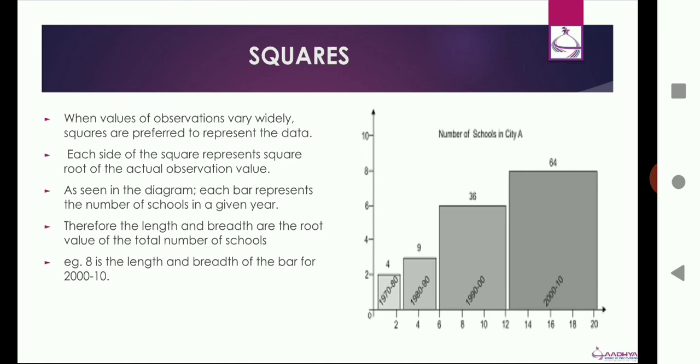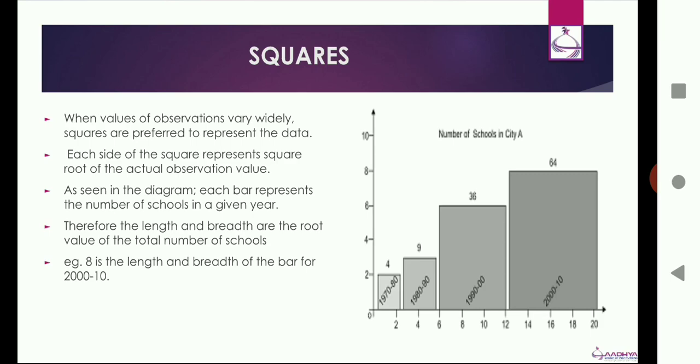So to avoid this problem, we reduce the scale of the number of schools in 2000-2010 by taking its square root, and that gives us the side of each length and breadth of each square. So for 2000-2010 the breadth is 8 and the height is 8.